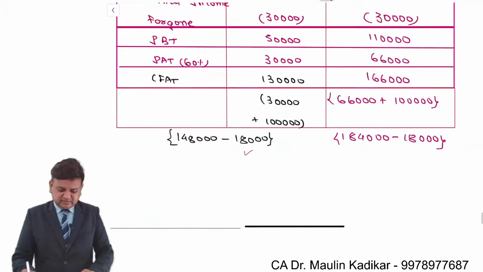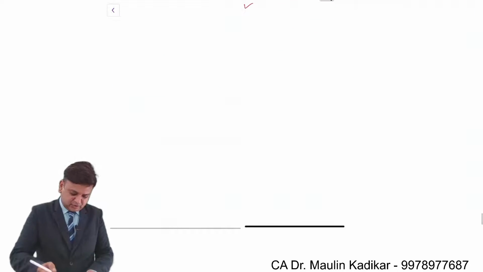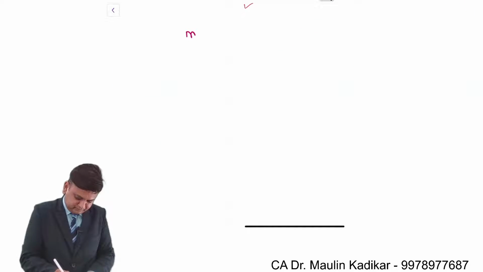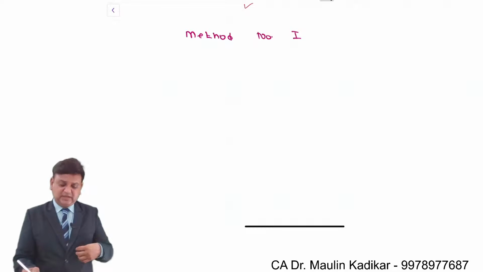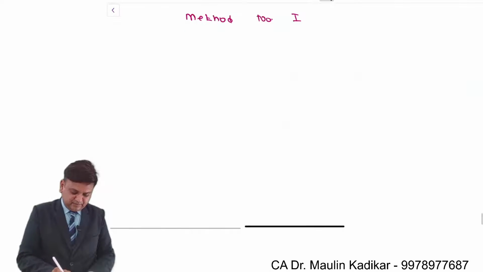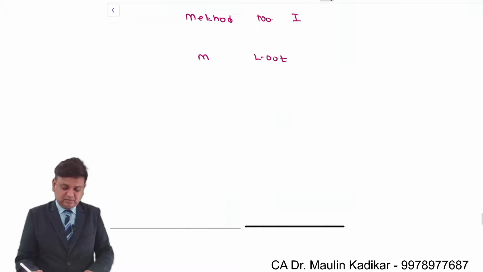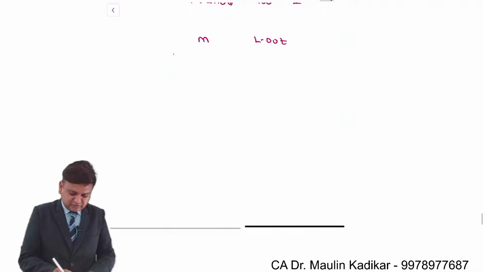Now after doing method number 1, I am doing method number 2. Method number 2 is like you prepare a detailed table for manufacturing, then you compare the same with the let out. With the detailed table, of course, we get 148 and this is 18.